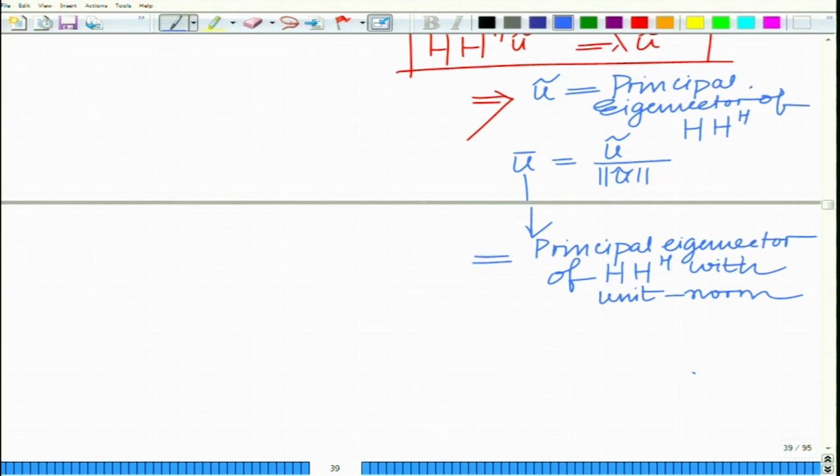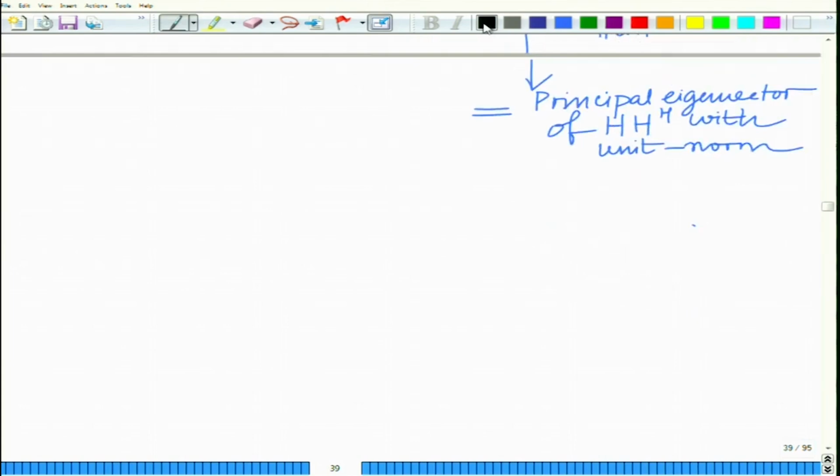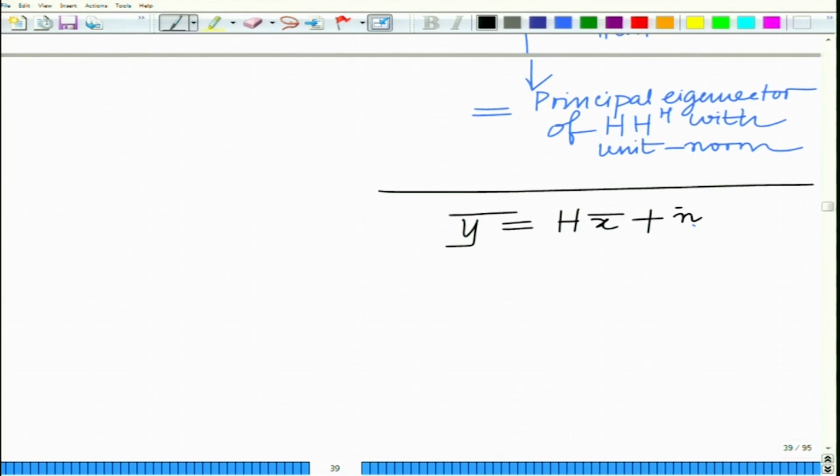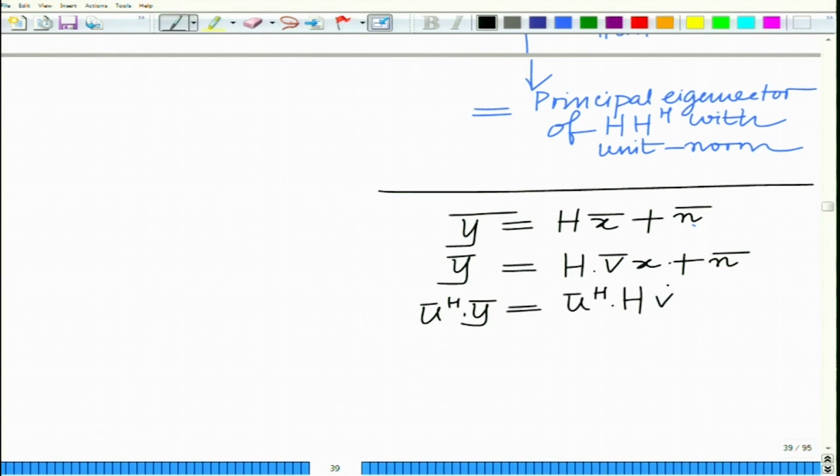The transmit beamformer, the optimal transmit beamformer. To summarize, you have the MIMO beamforming problem, y bar equals H v bar x plus n bar, that is your y bar, and at the receiver you perform U bar Hermitian y bar, which is U bar Hermitian H v bar x plus U bar Hermitian n bar.